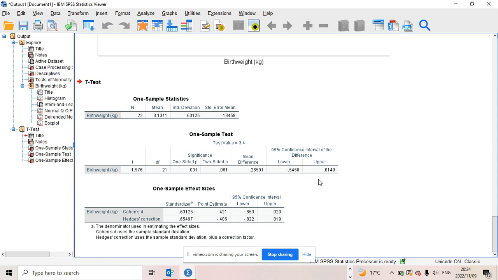Rejecting the null hypothesis means that the average birth weight of babies born to smoking mothers is not 3.4 kilograms. So in a nutshell, this is how to do a one sample t-test in SPSS.